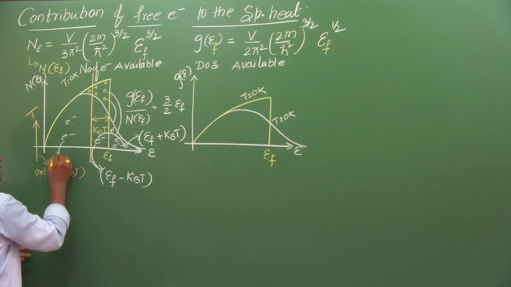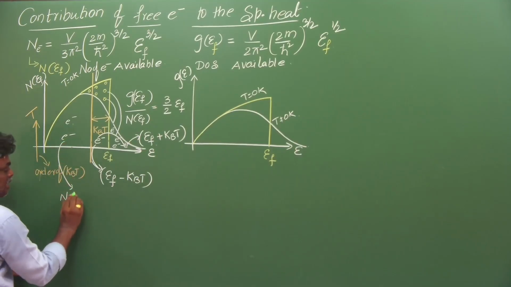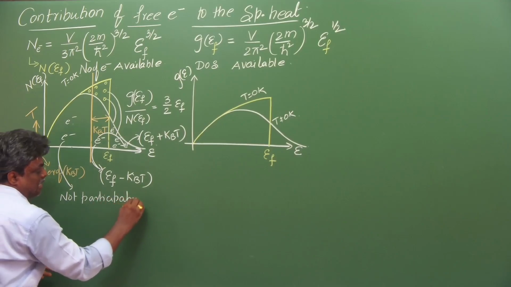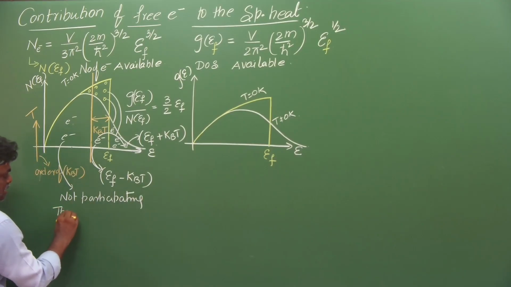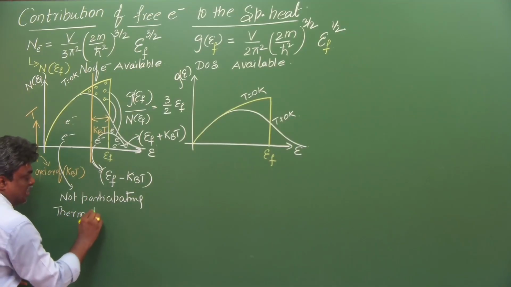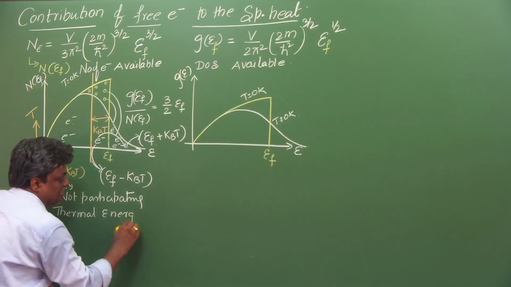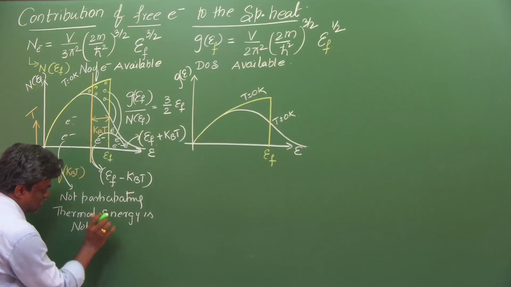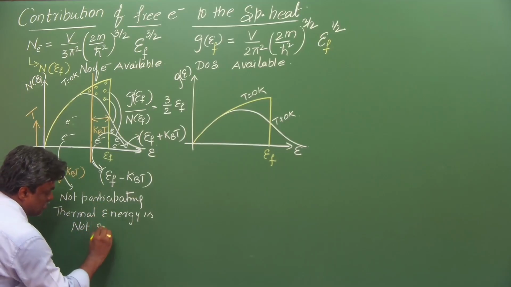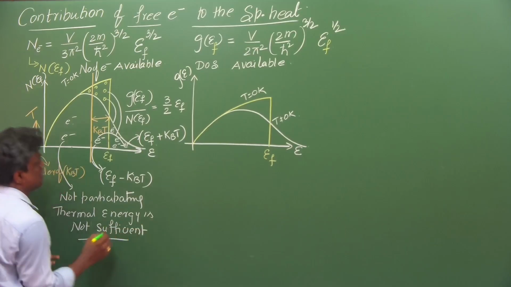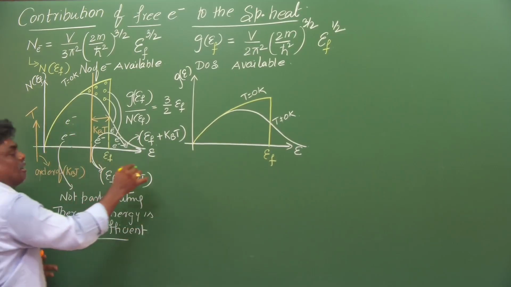Why are the other electrons not participating? The thermal energy is not sufficient. That's why all electrons are not participating.